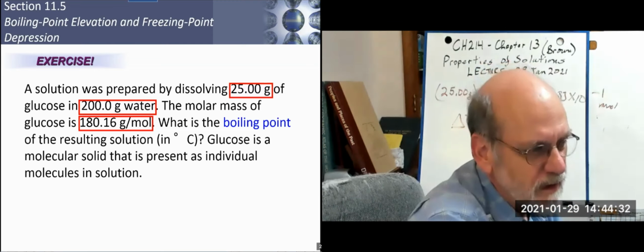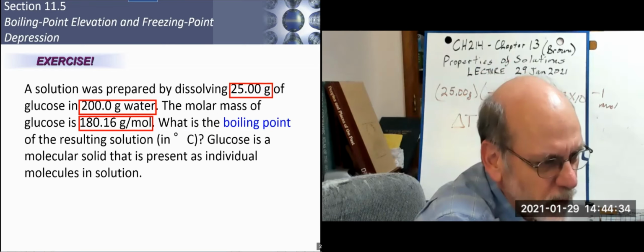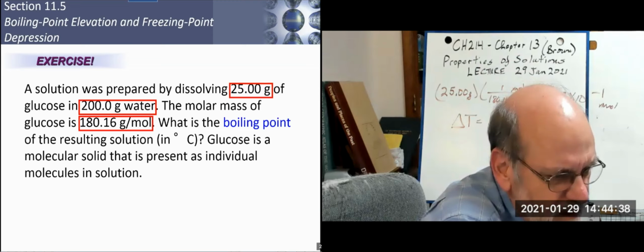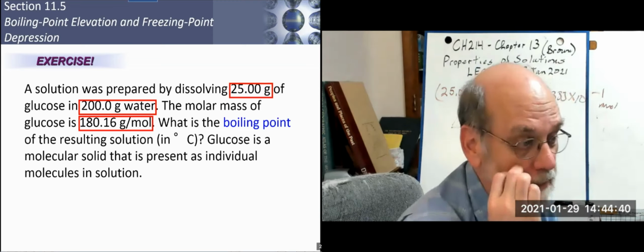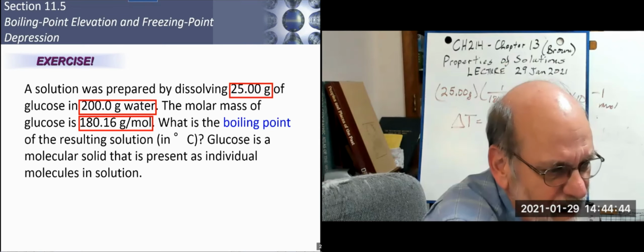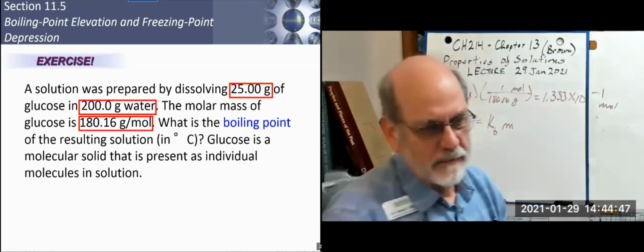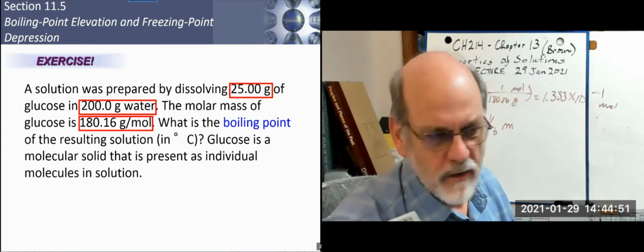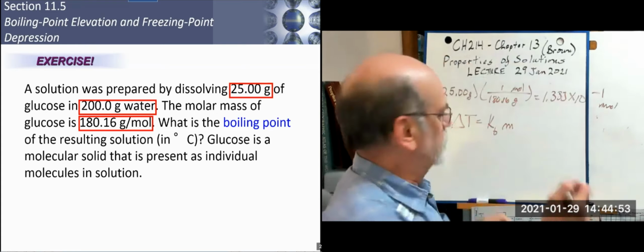Here it is. Okay, boiling point elevation. Let's see if I can do it without having to dig into these things. Yeah, I guess I will have to. Okay, what's the value? Here it is. For water, it's 0.512.